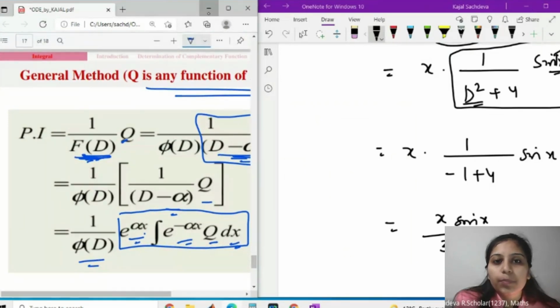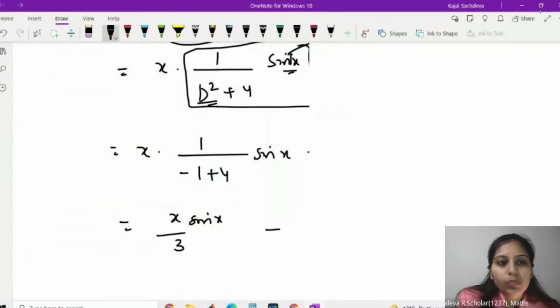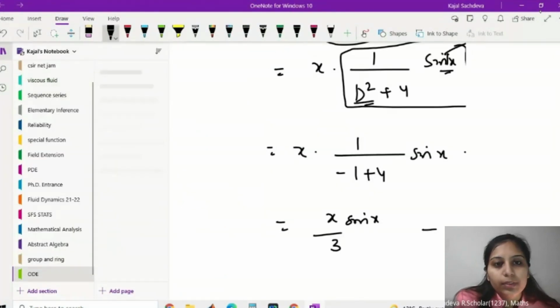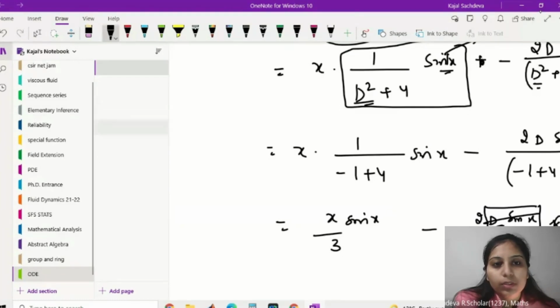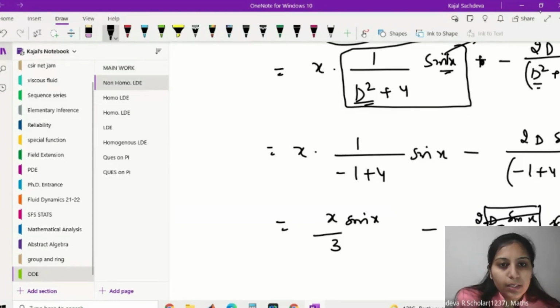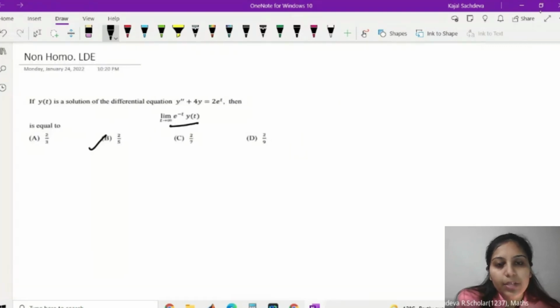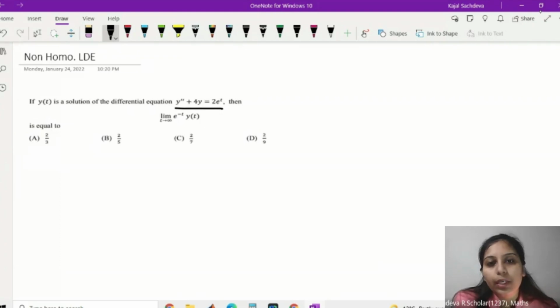Now we will discuss some previous year questions. We have some previous year questions from IIT, GATE and NET examinations. The first question: if y(t) is the solution of the differential equation y double dash plus 4y is equal to 2e raised to power t, then limit t tends to infinity of e raised to power minus t y(t) is what?